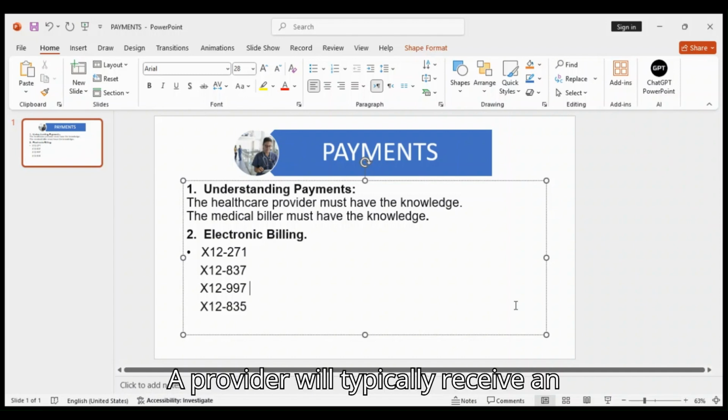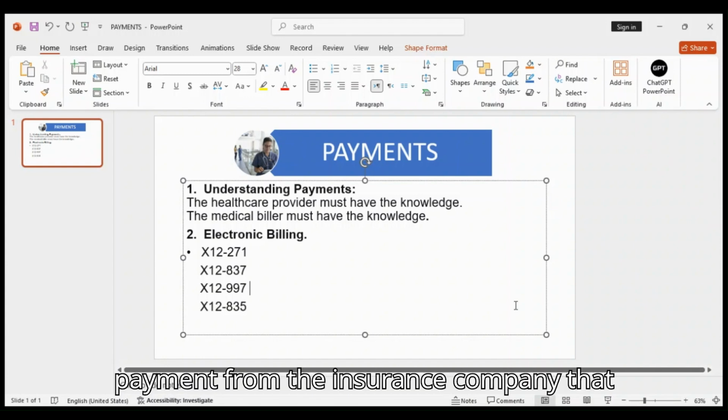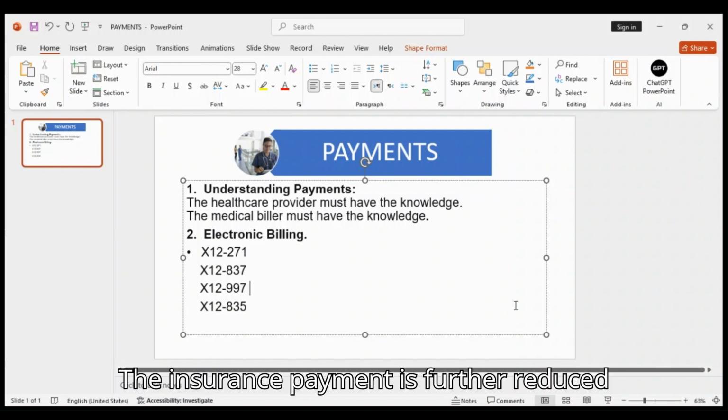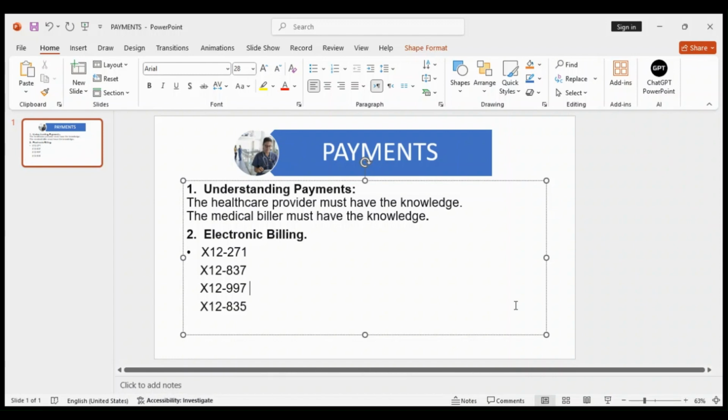A provider will typically receive an explanation of benefits, which is EOB, or electronic remittance advice, which is ERA for short, along with the payment from the insurance company that outlines these transactions. The insurance payment is further reduced if the patient has a co-pay, deductible, or a co-insurance.